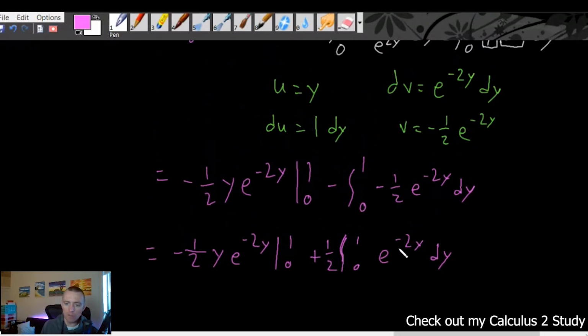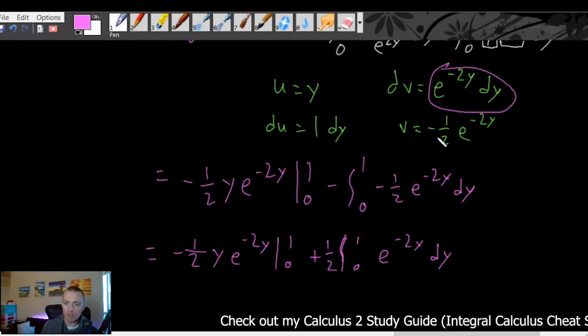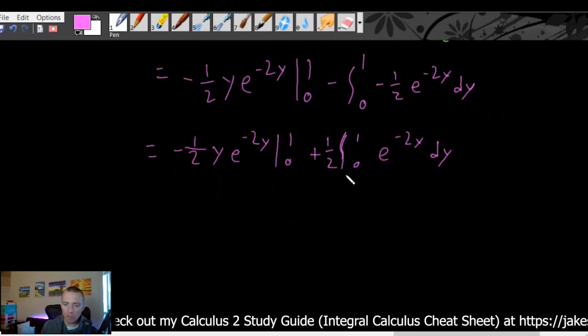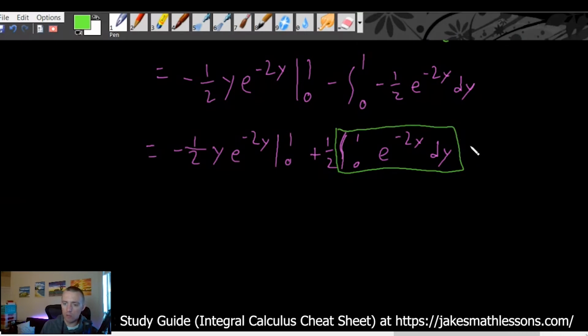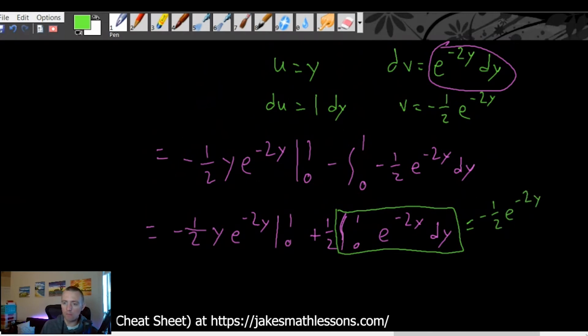Well, we already know what the integral of e to the negative 2y dy is. We found it right here. We know that the integral of that is negative 1/2 e to the negative 2y. So now we can replace this with negative 1/2 e to the negative 2y.